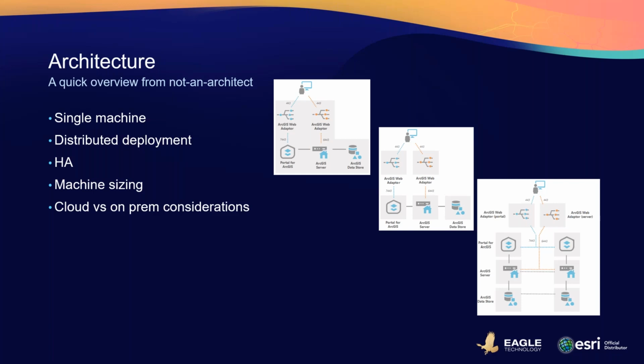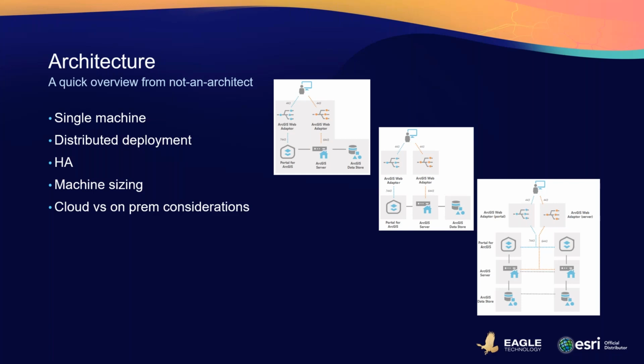Quite often, what we will do in managed services is a hybrid approach with a single ArcGIS portal, server, and data store with a separate web adapter just to limit the security exposure, and then additional ArcGIS servers federated in.